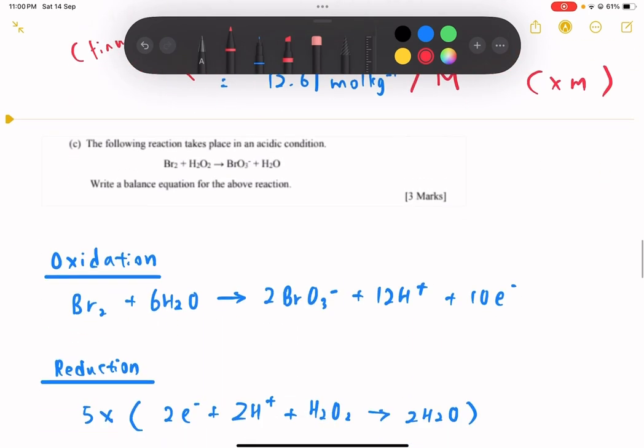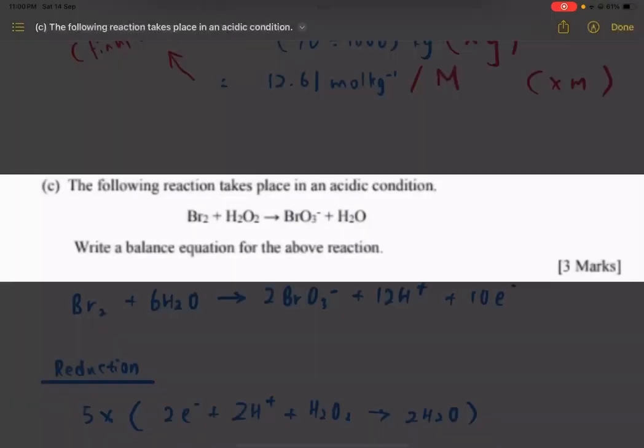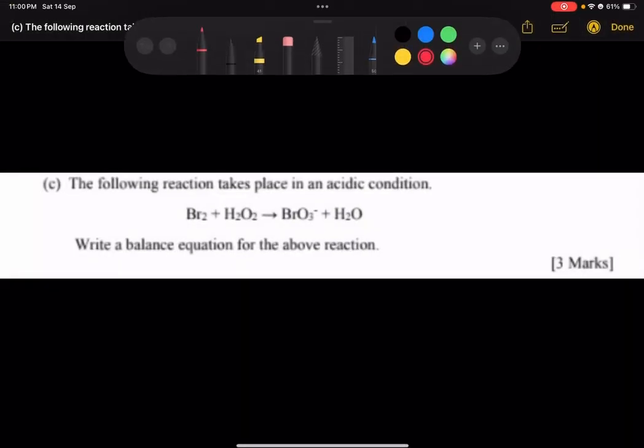Okay, so lastly, we have this question. The following reaction takes place in an acidic condition. Acidic condition means that we have H+. Please note that. Okay, so this is the thing, and then we need to balance it. Write a balanced equation for the above reaction.